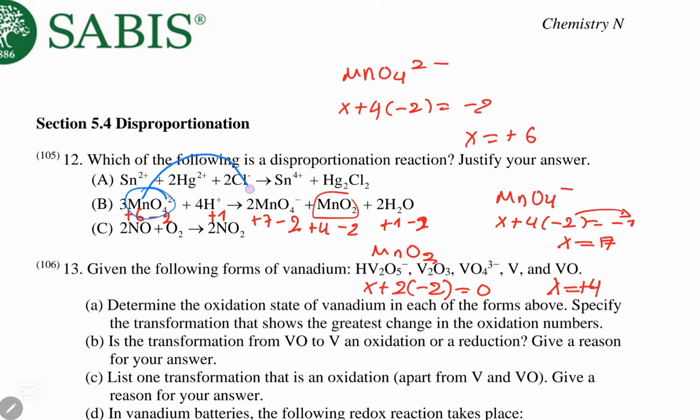It splits into Mn that has an oxidation number of +7 and Mn that has an oxidation number of +4. So the +6 got oxidized because it lost an electron, and it got reduced because it gained 2 electrons. So part B is a disproportionation reaction because the same element from a single compound was both oxidized and reduced.